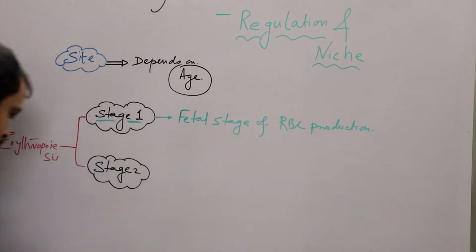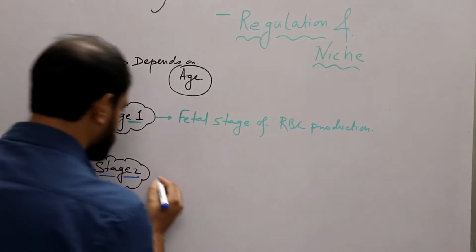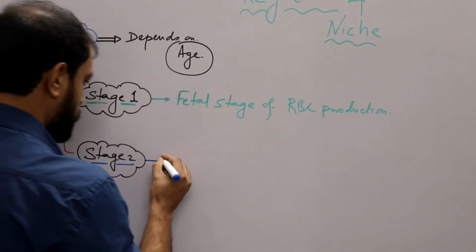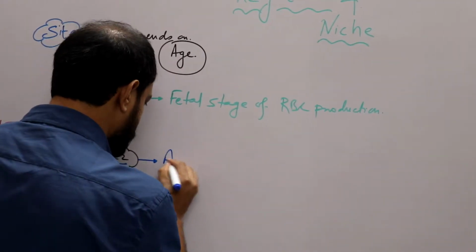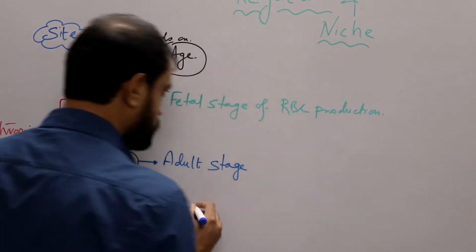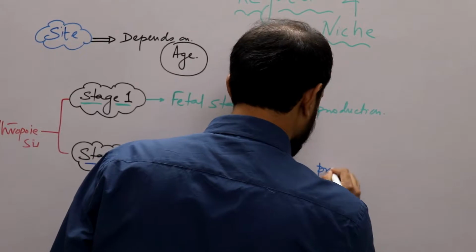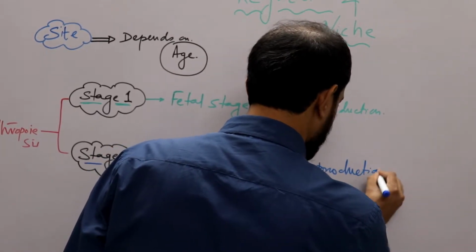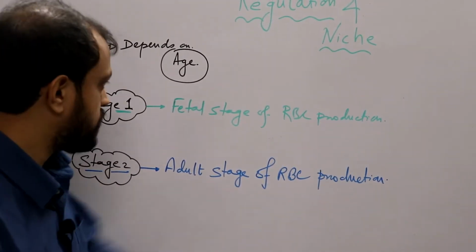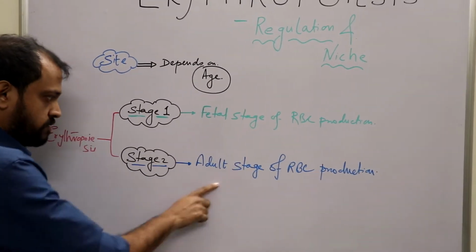And the second stage, stage 2, is called the adult stage of RBC production. We will first discuss the fetal stage of RBC production, then we will talk about the adult stage.